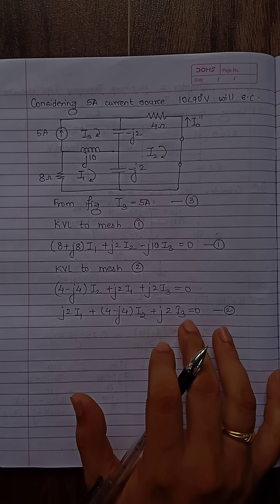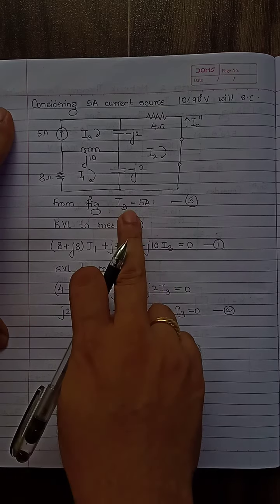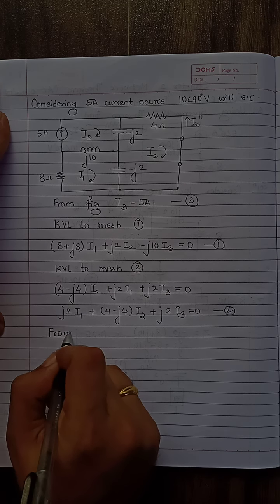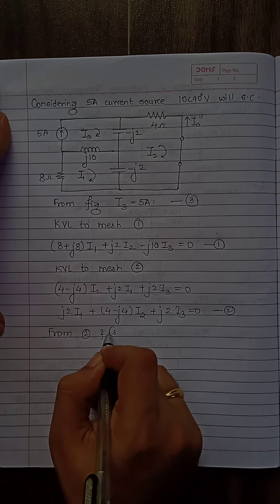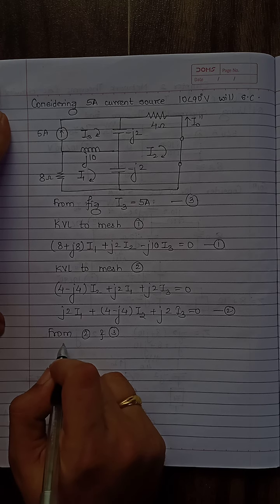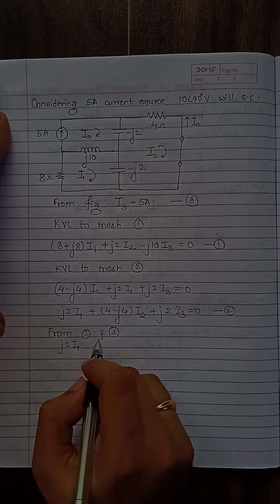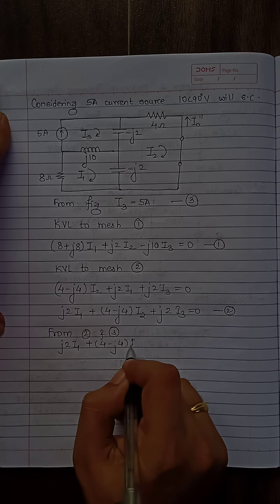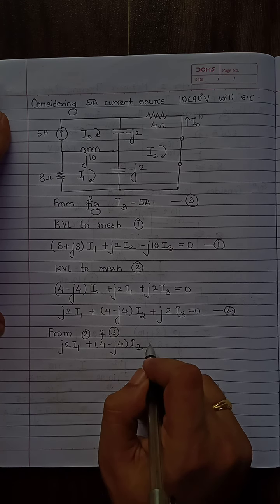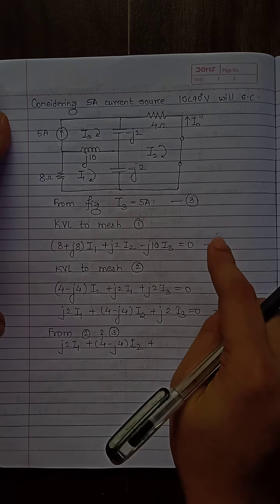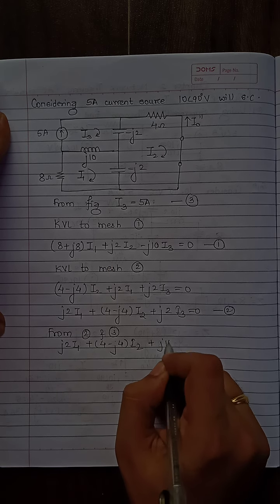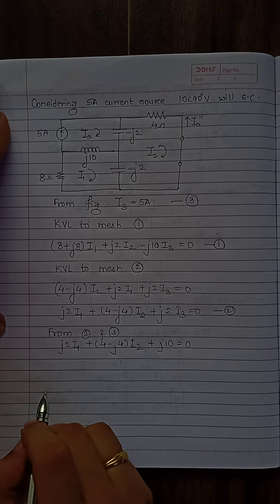So from 2 and 3, if I substitute 3 in 2, I'll get J2 into I1 plus 4 minus J4 into I2 plus, when I substitute I3 as 5 over here, J10 is equal to 0.